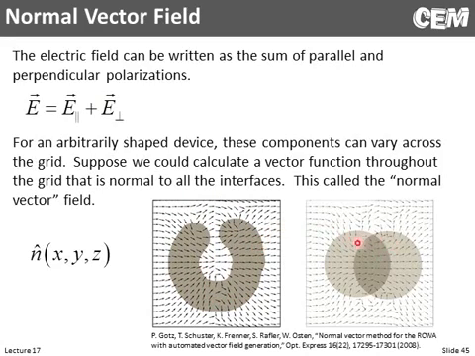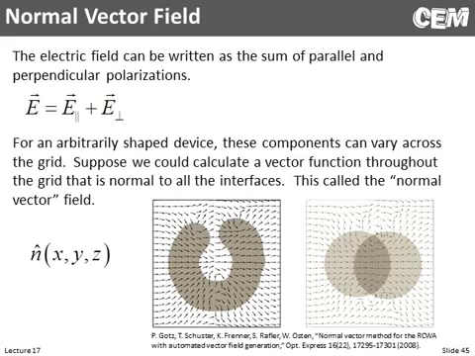Here's another example where we have some strange distribution of dielectrics. And we need some field that is always perpendicular to the interface. We can see it gets messed up here, but for the most part, we know where it's perpendicular. And we can use this to decompose the field into normal and parallel components. So this field of vectors we call the normal field.